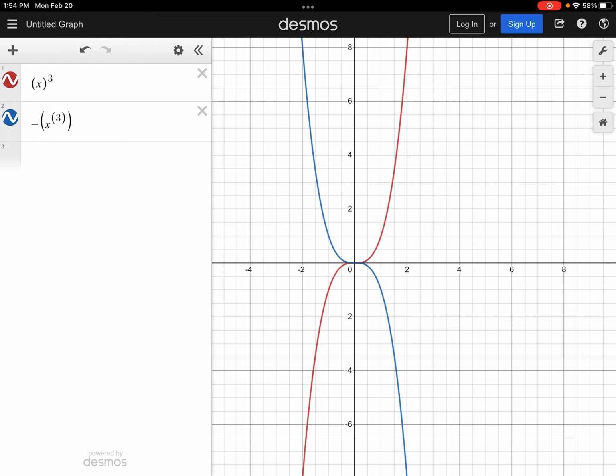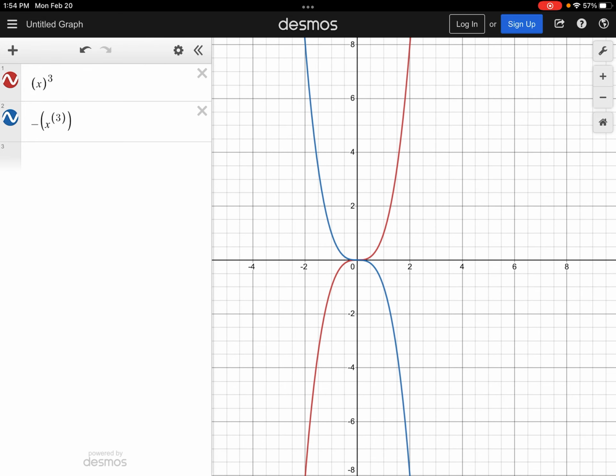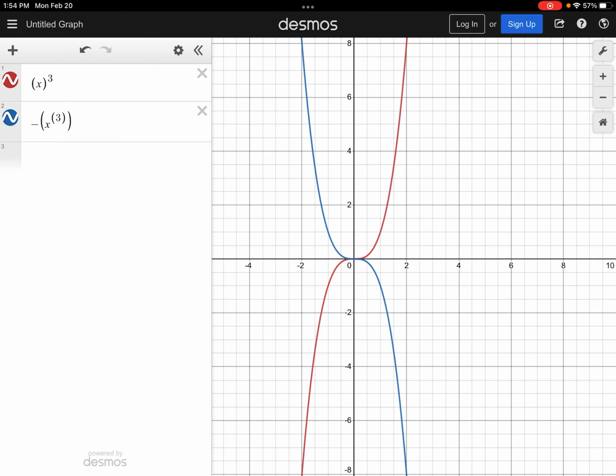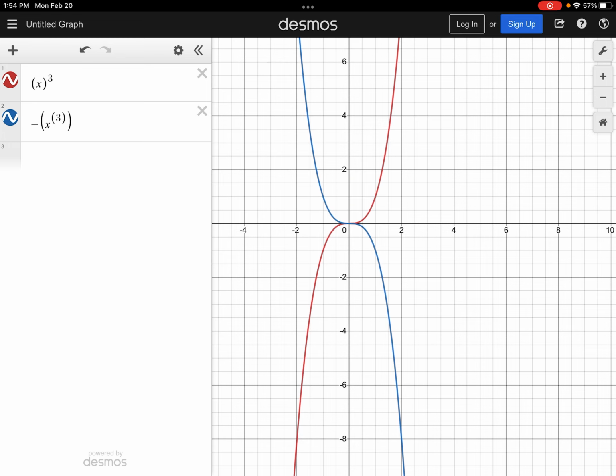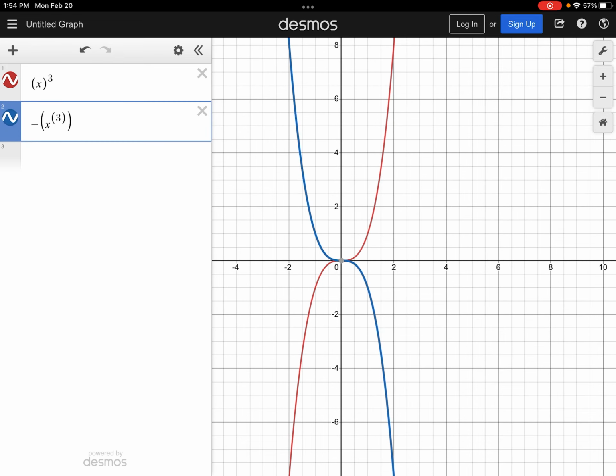It looks like everything that was on the left side gets flipped up. Everything in red on the right side got flipped down. So these are mirror images of each other. So there's your first one, x to the third, and here is your second one, which is negative x to the third.